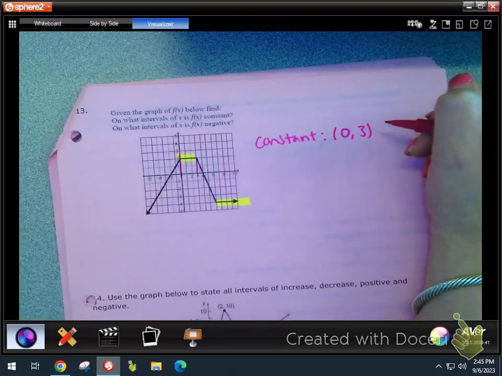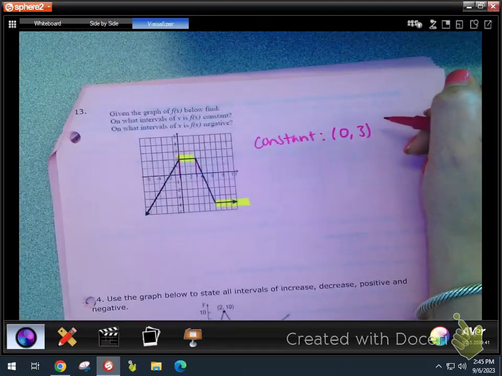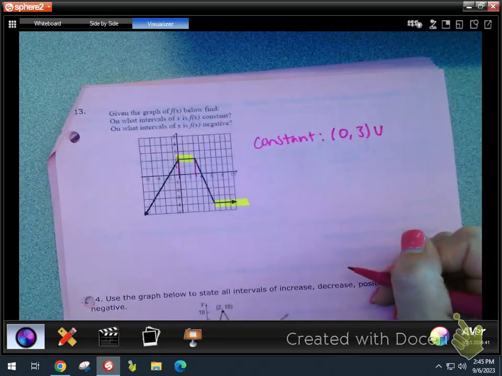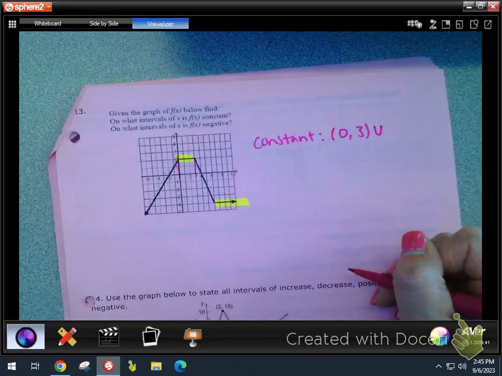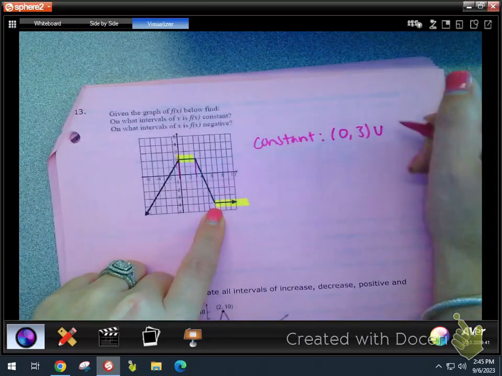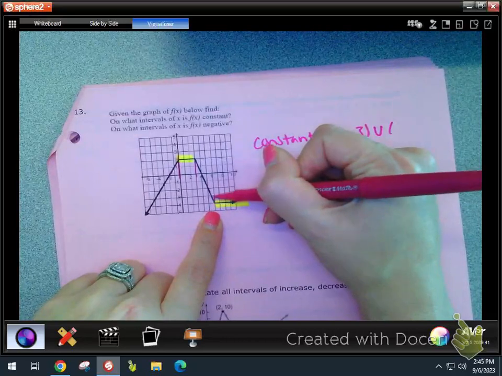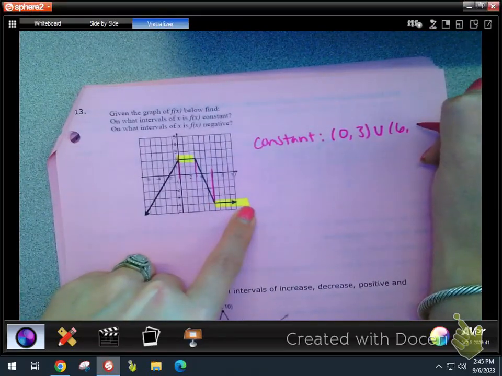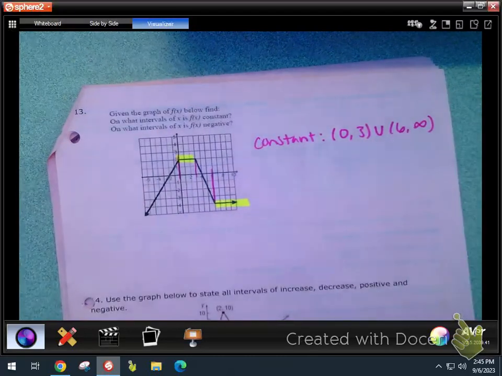Like draw over this picture, okay? If you need to, if that helps you. That's not the only place that it's constant, so I'm going to put union. On Delta Math, y'all need to press the union button. Do not use a capital U. It'll count it wrong. Then I start being constant again from what x value? 6, and then it goes on forever, so that would be positive infinity.